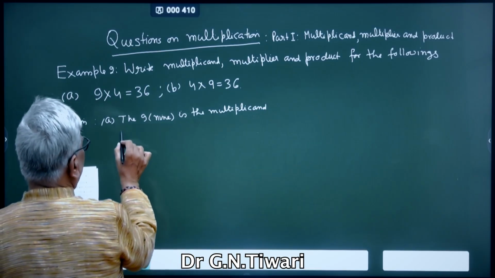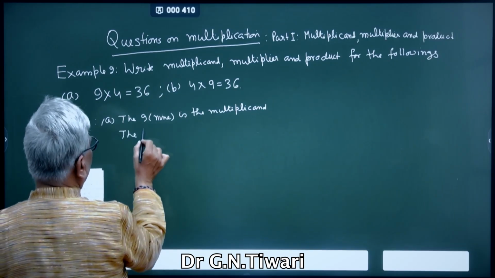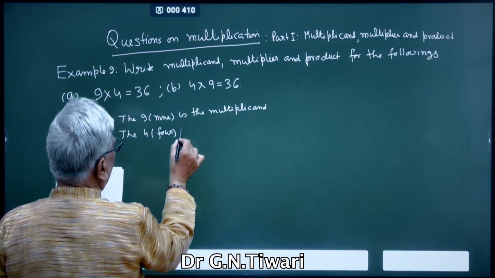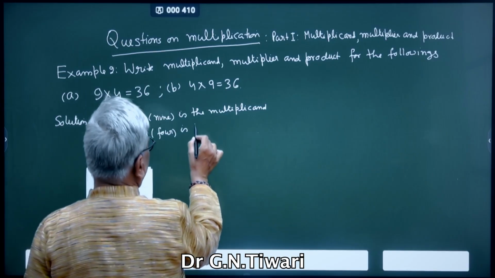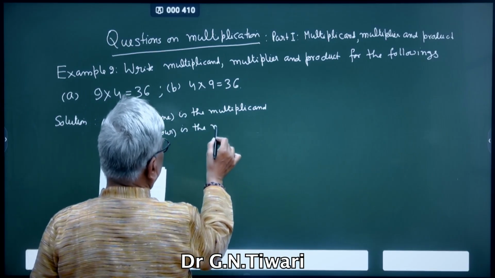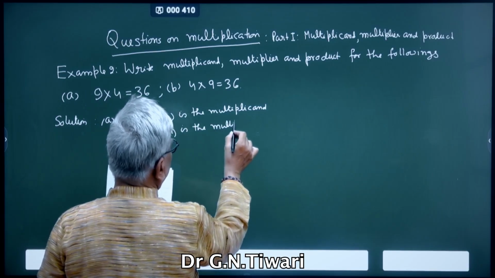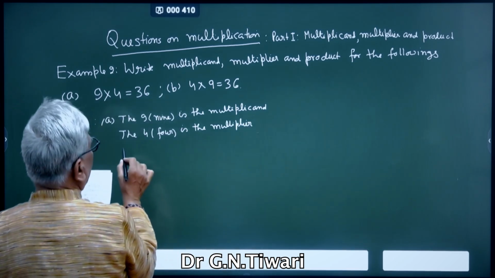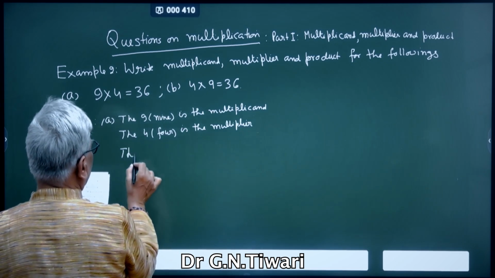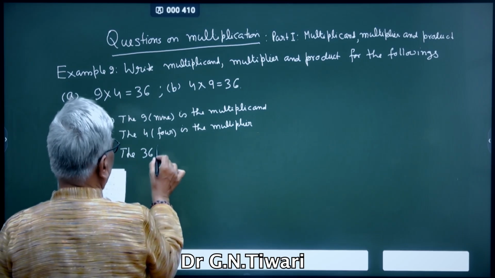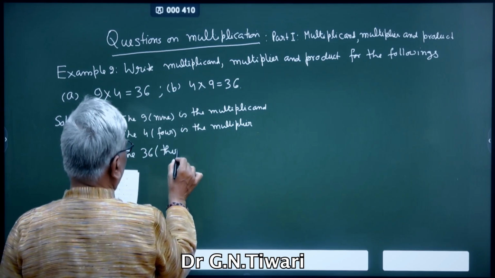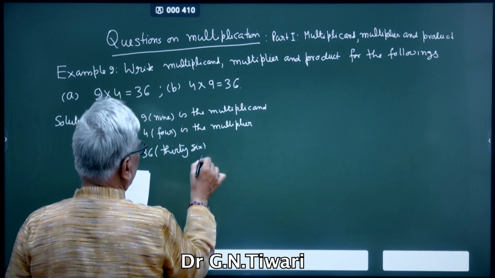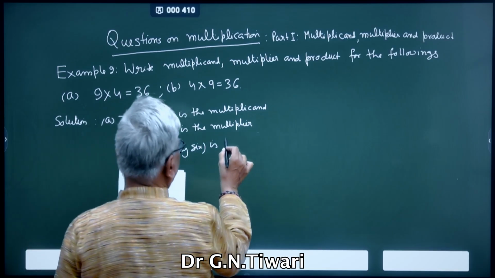Now the 4 is the multiplier. And the 36 is the product.